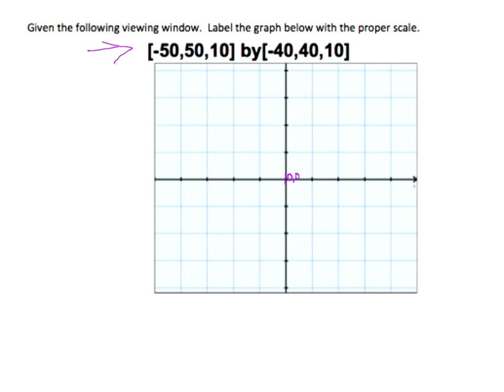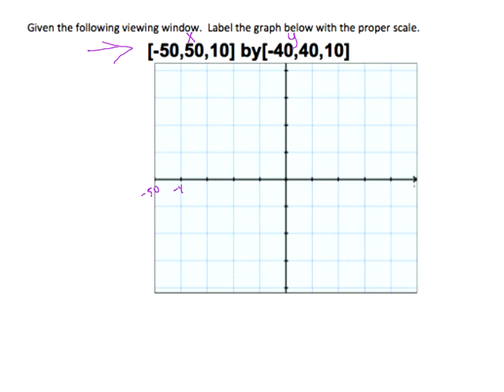This is 0, 0. And actually, you don't even need that on the graph. I just want you to label the numbers here, according to my notation here. Remember, this is my X and this is my Y.